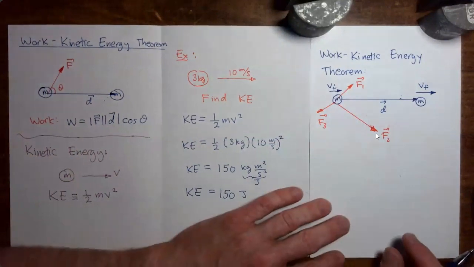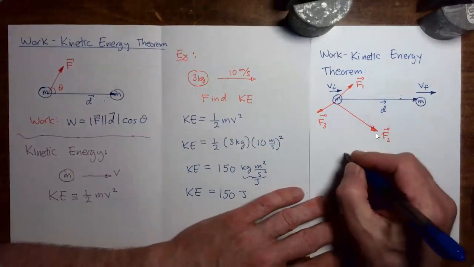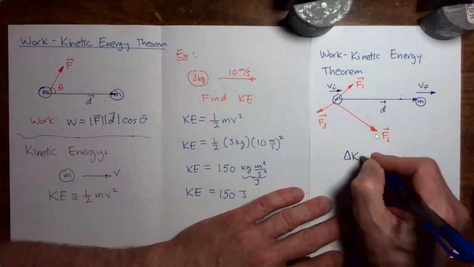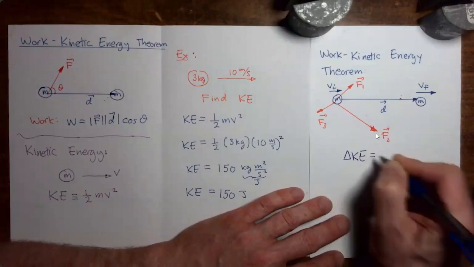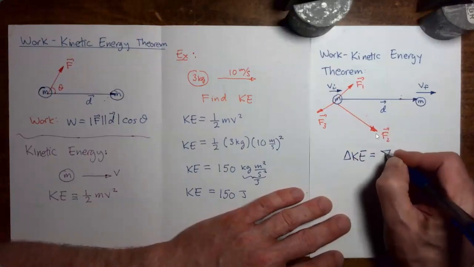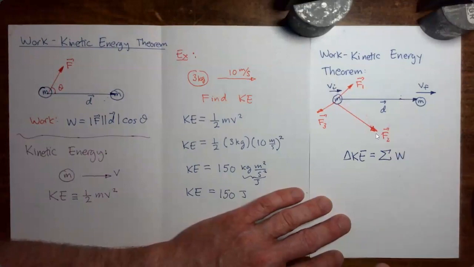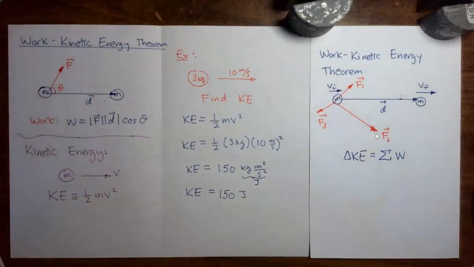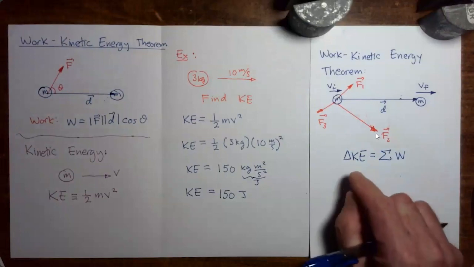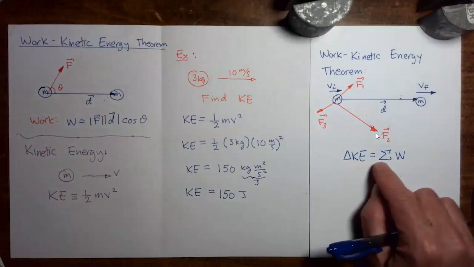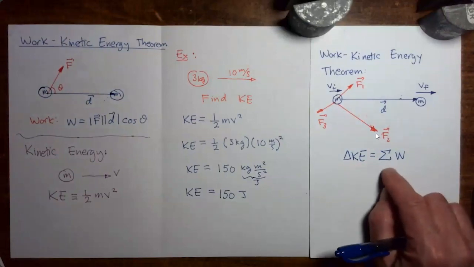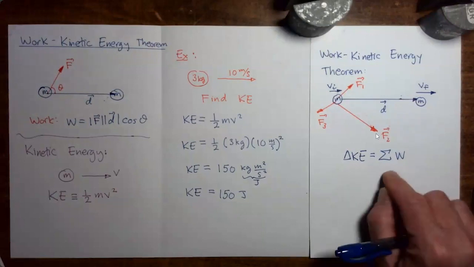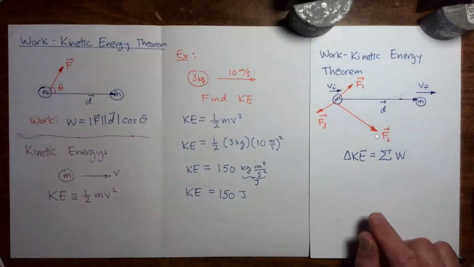The work-kinetic energy theorem says that the change in the object's kinetic energy is equal to the sum over all work done on the object by all forces acting on it. Again, the change in the kinetic energy is equal to the total work done on the object by all forces acting on it. This is such an important statement that I'm going to actually write it out in words.